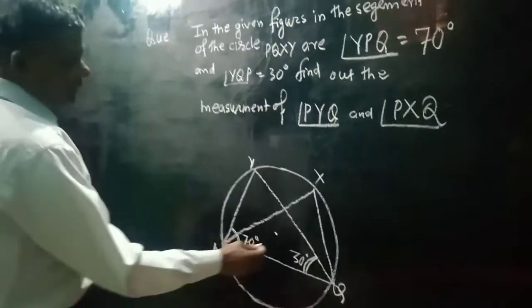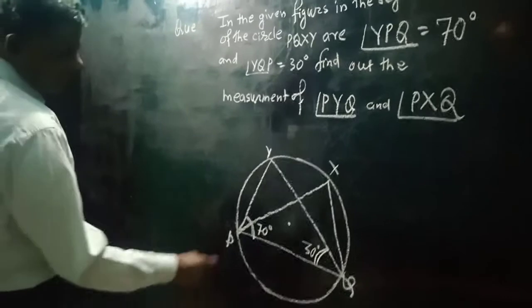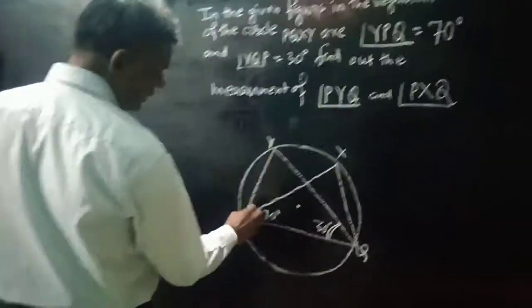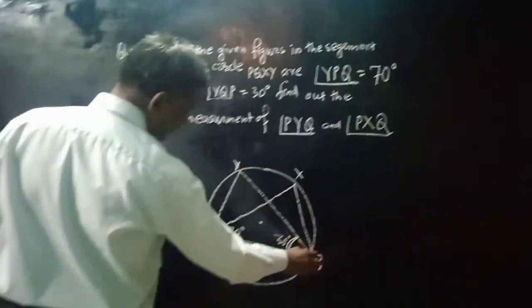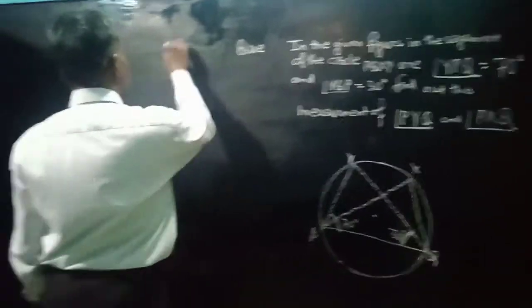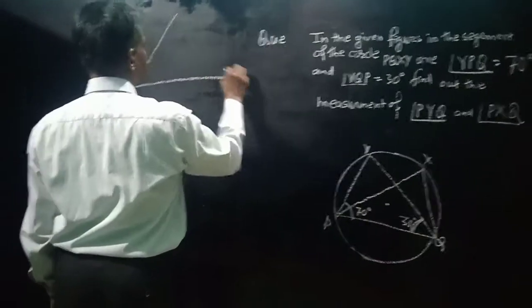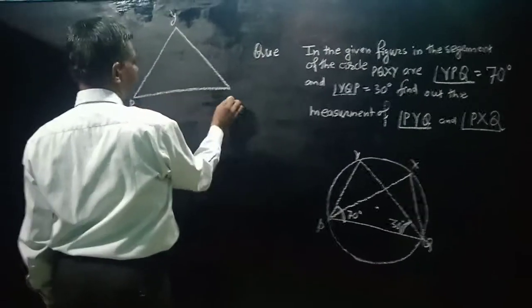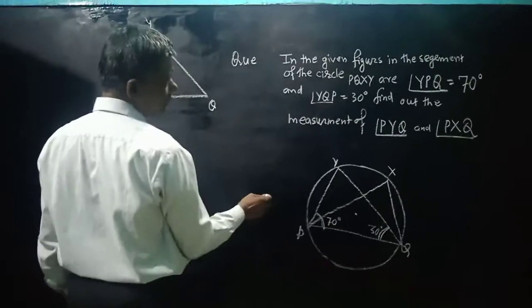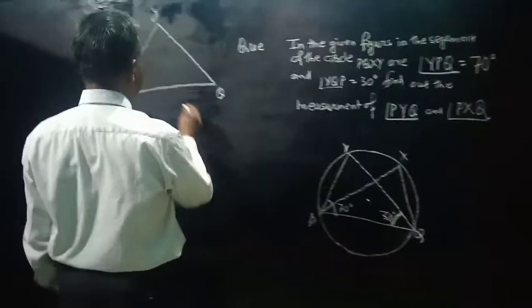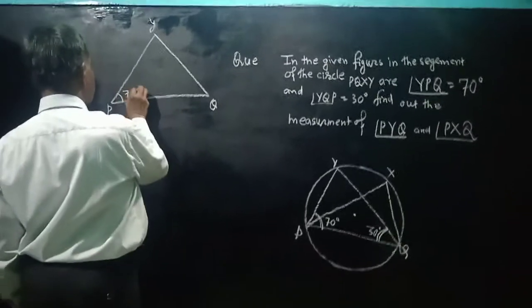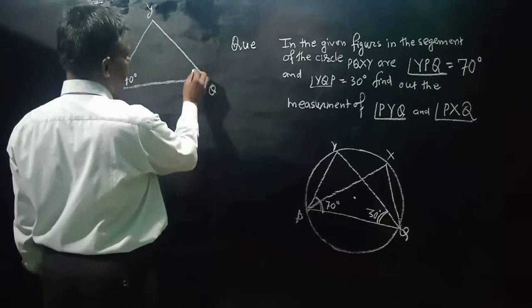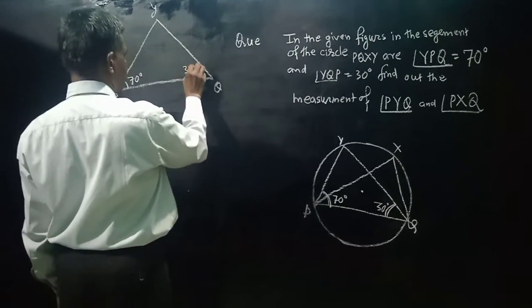So according to this diagram, we have been given two angles, YPQ and YQP. This is the triangle YPQ, and angle YPQ is equal to 70 degrees and this angle is equal to 30 degrees.